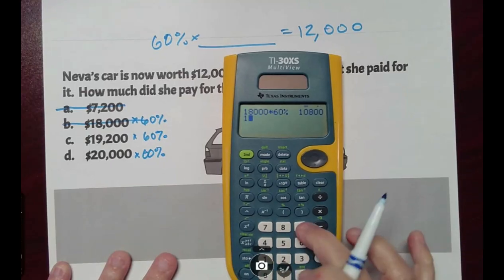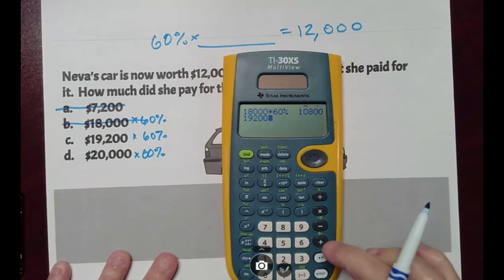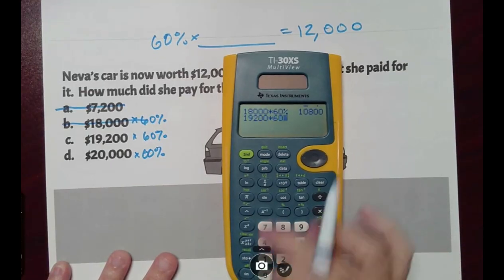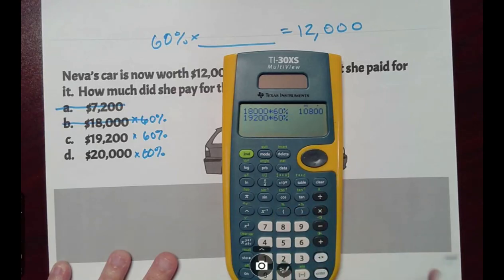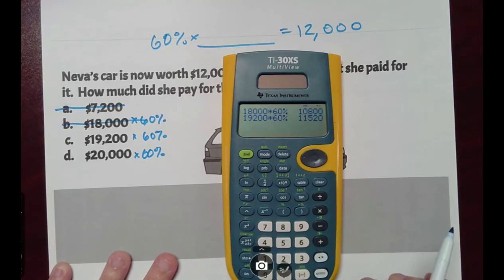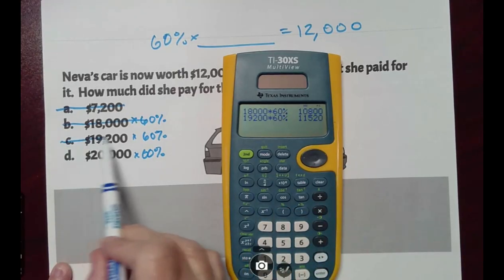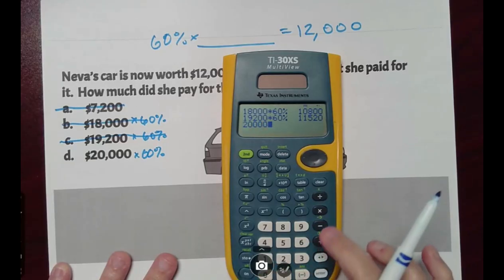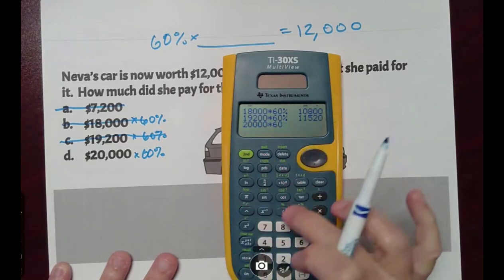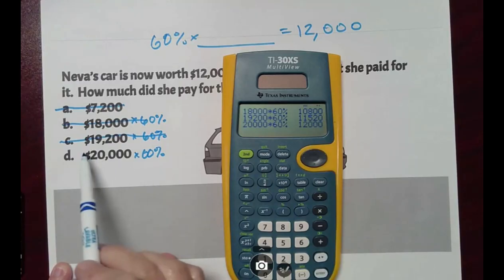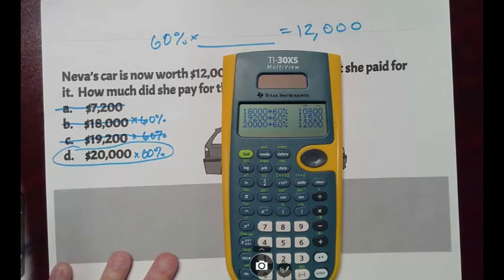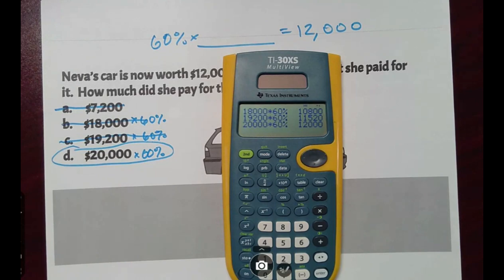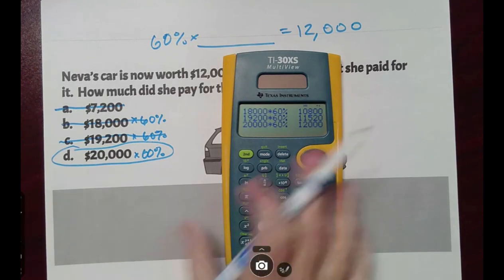Okay, 19,200 times 60%. 11,520. Getting closer, but not there. Hopefully, 20,000 times 60%, $12,000. There's our correct answer. So eliminate answers that you can, and then use your calculator to guess and check the others.